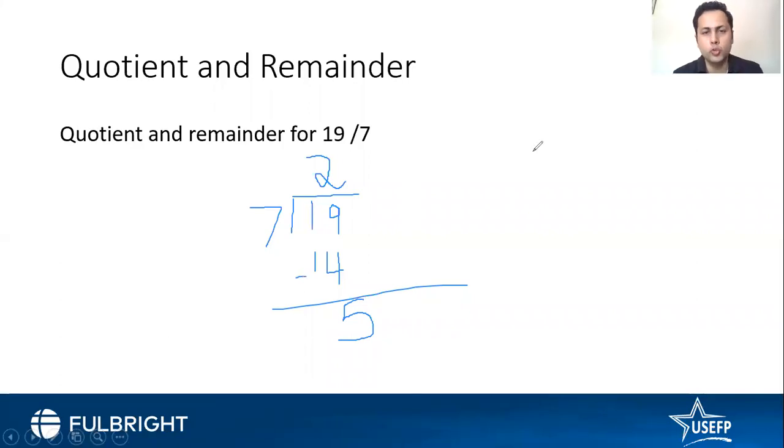So the quotient is 2 and the remainder is 5. I expect all of you to have done this. So this is my first question, and I hope all of you have got it right.